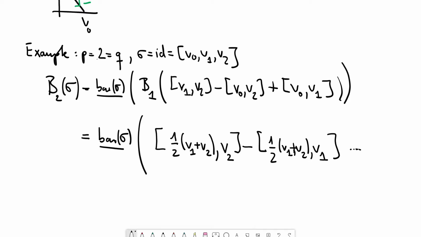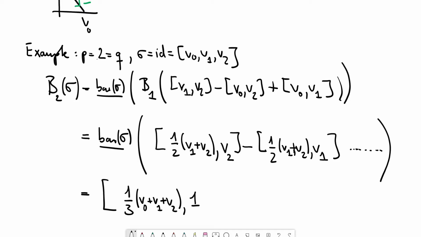I won't write the rest, but I will write the barycenter, so at least this very first simplex that we get. So we have 1/3 of V0 plus V1 plus V2, 1/2 of that sum, V2.